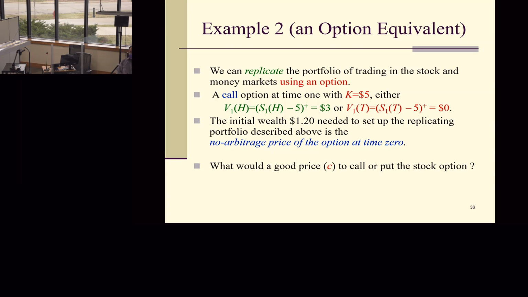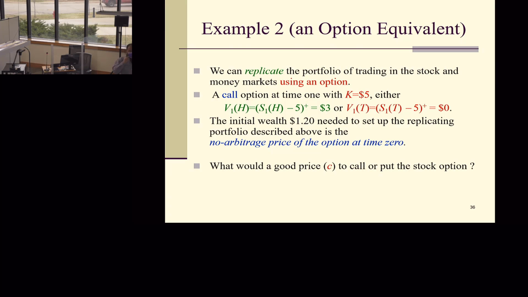So I need an option, which is what? At time 1, with the strike price of $5, I can end up with either making $3 or I can break even. If I can do that, I just play this game in the reverse manner, I can cover everything. You understand what I'm trying to say?